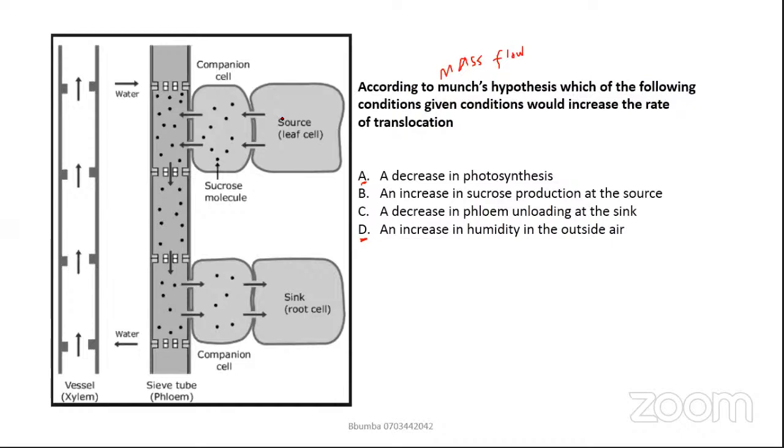Yeah, I like all your ideas, but with this point of increase in humidity, remember that water, if you can look at this picture, once pressures are increased at the source, and then low at the sink, it is creating what we call a pressure gradient.